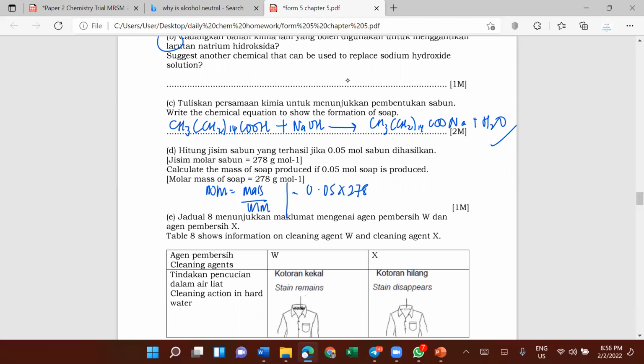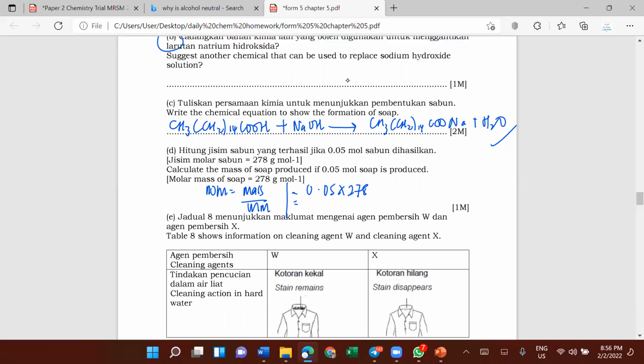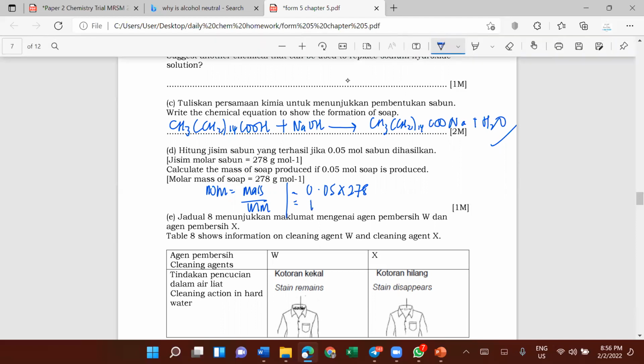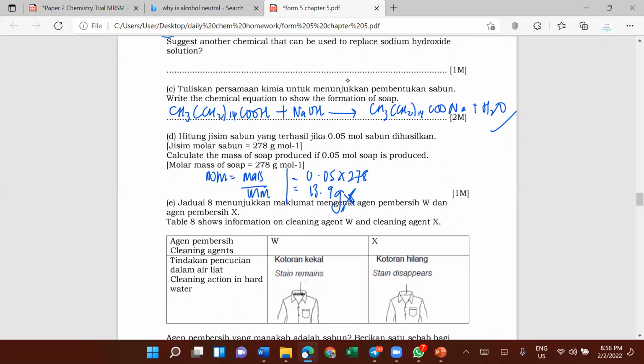And then what do I get? 13.5 grams. Very good. I would like to give a round of applause for Shahimi, for Yuga, and for Taran.